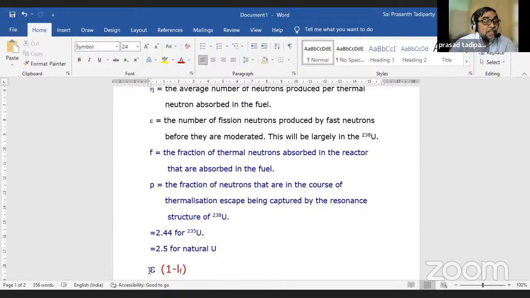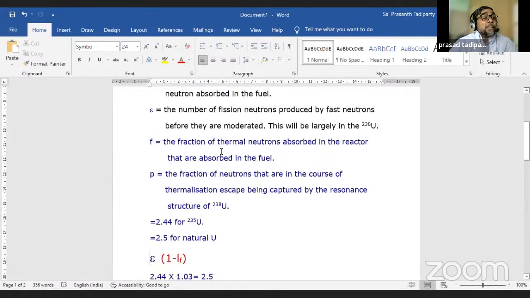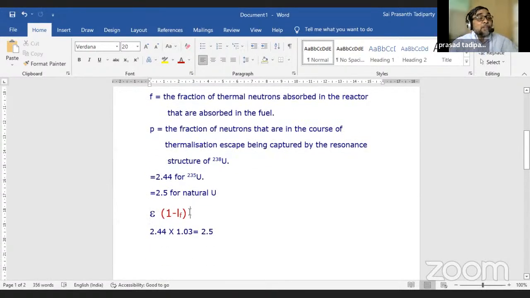And next one is the resonance capture loss. Another loss is the resonance escape probability, that is P. So here, as epsilon nu 1 minus LF, so many fast neutrons are passing through the moderator.